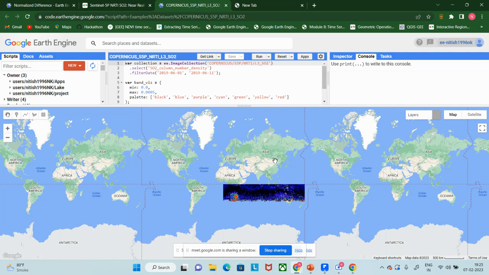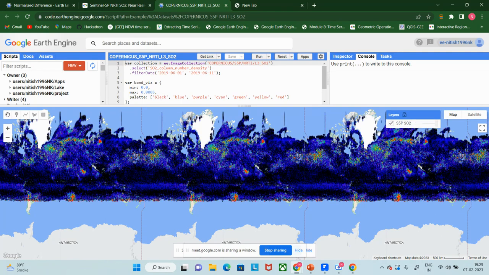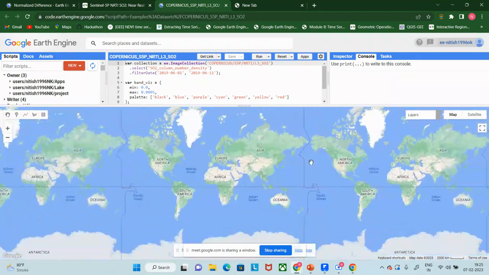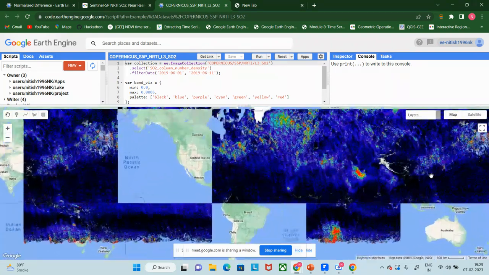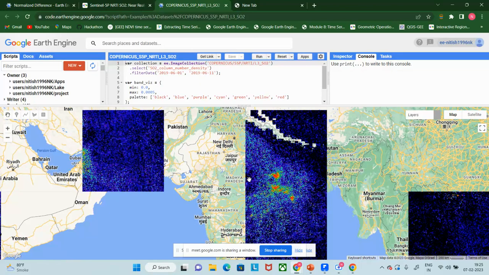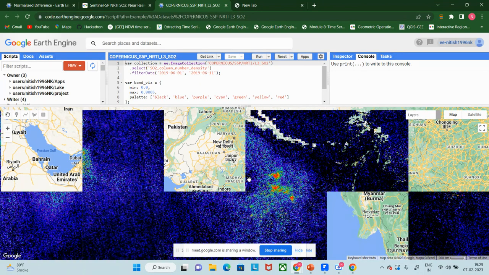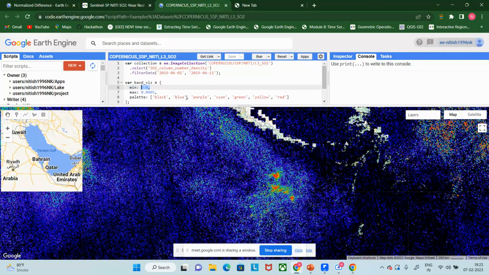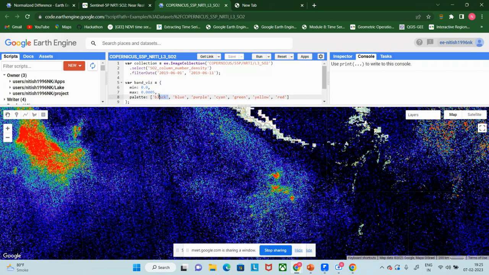Here one layer is being added, which is sulfur dioxide. If you zoom to any portion, we will zoom to India. Here, if you see, the minimum is represented with black, that is 0, and 0.0005 is given to red.